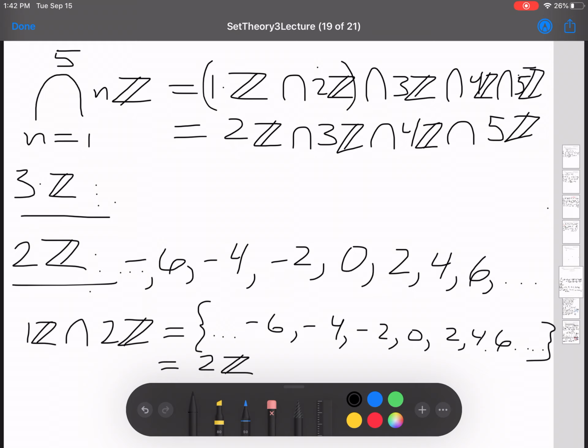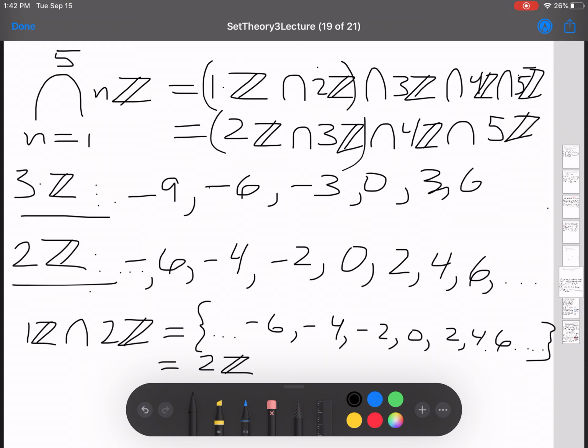So I'll do this part for you again. Okay, so 3z, right? So now what we're looking at is this part here. Let's see, 2z and 3z. Okay, first 3z. That's going to be multiples of 3. So you got -9, -6, -3, 0, 3, 6, 9, and so on.